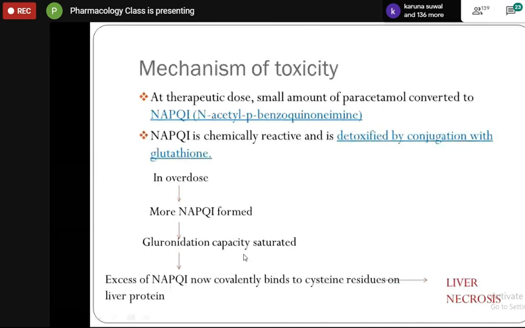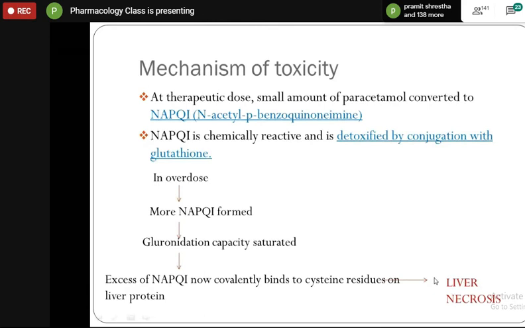The excess NAPQI which could not be detoxified through conjugation with glutathione will bind covalently with the liver proteins and start damaging the liver, and the liver ends up in necrosis. Or let's say, you don't have to be specific about the type of toxicity. You can just say it will have a hepatotoxic effect, because NAPQI will bind to liver proteins and start damaging the liver cells.